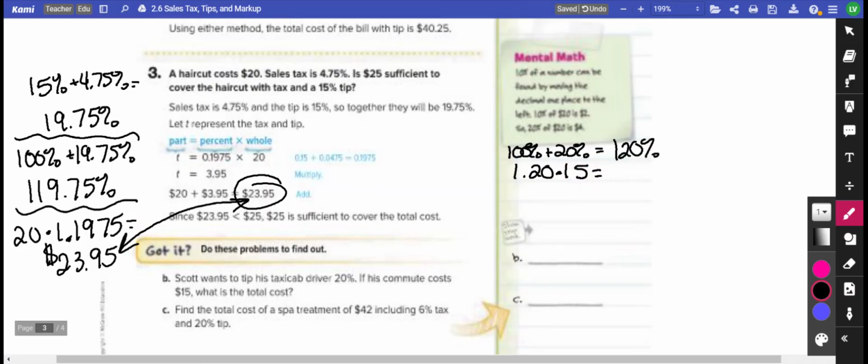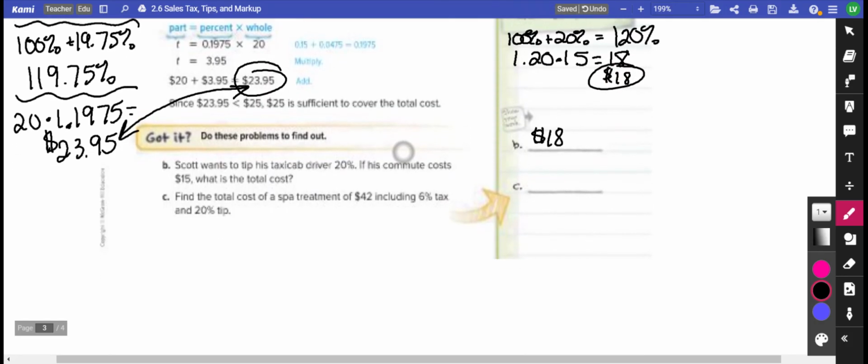So that way I can find the total. So 1 and 2 tenths times 15 gives me 18. So what is the total cost? His total cost is $18.